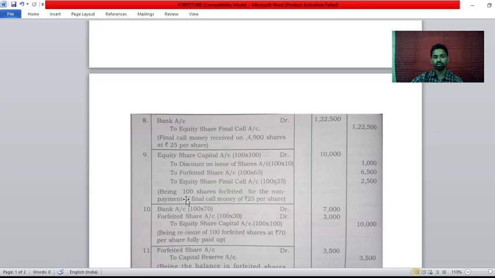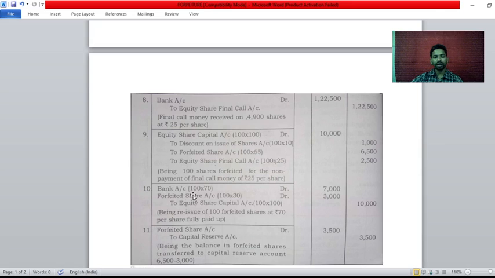The narration is: being 100 shares forfeited for non-payment of final call money at rupees 25 per share. Like this we have to pass the journal entries.